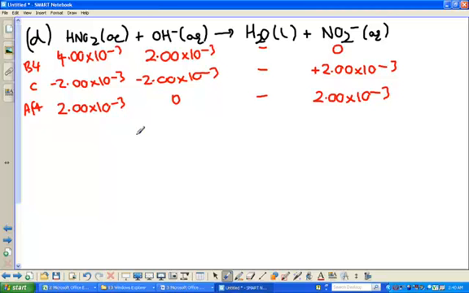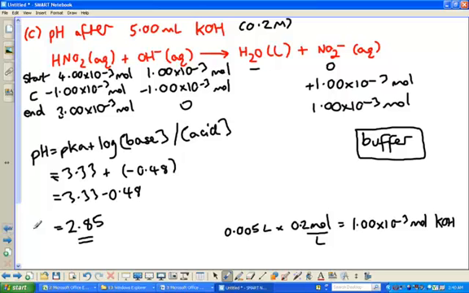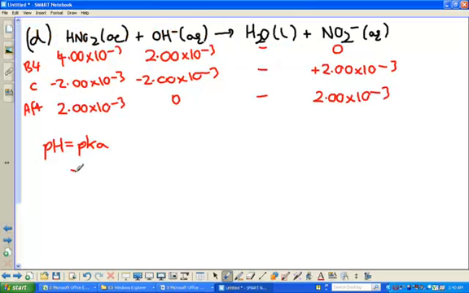Once again, we've been asked to find the pH, so we're going to use the Henderson-Hasselbalch equation again. pH equals pKa, which we said before was 3.33, plus the log of the concentration of base over the concentration of acid. Now this is what's important here.